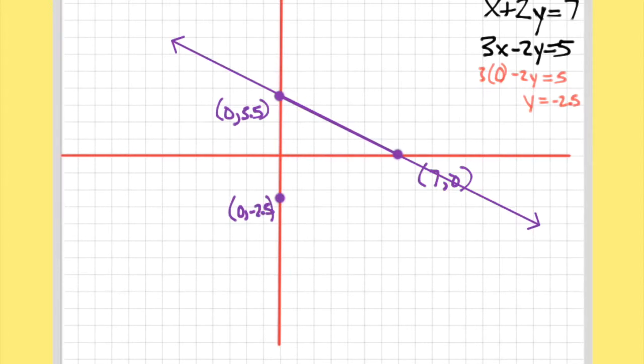And if I plug in 0 for y instead of x, 3x equals 5, and so x equals 5 over 3, or 1 2/3, for my x-intercept.